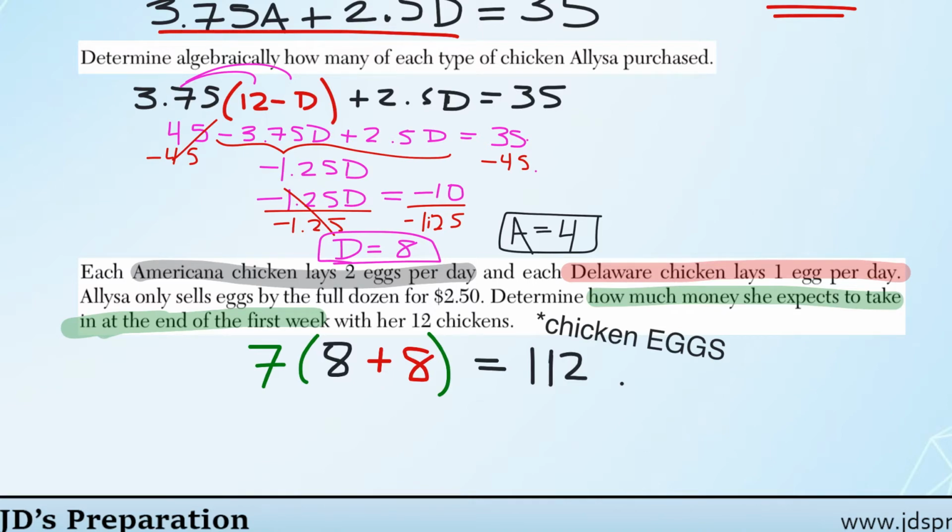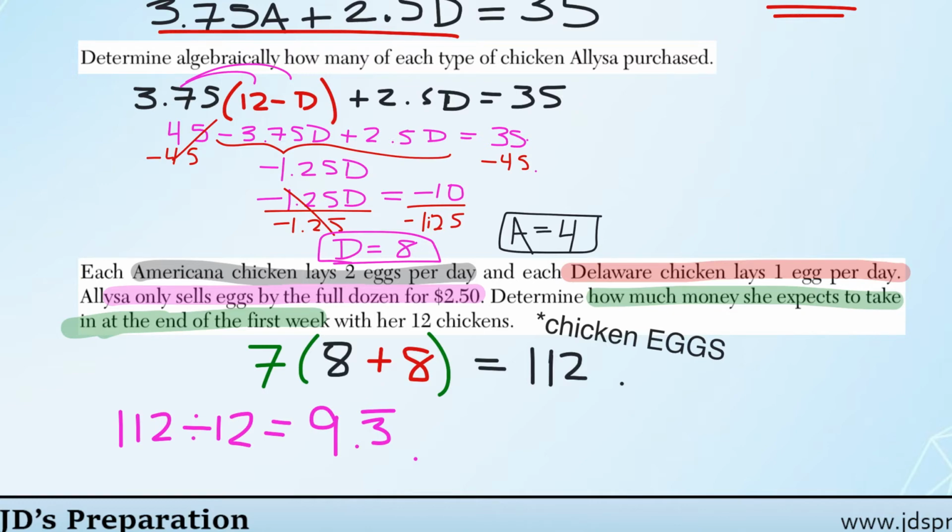However, we were also told that she only sells the eggs by the full dozen for $2.50. Okay, so we need to figure out how many dozens that is. To do that, we can take the 112 and divide it by 12, which gets us 9.3 repeating.